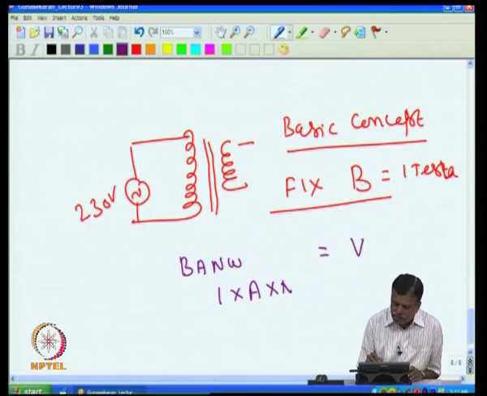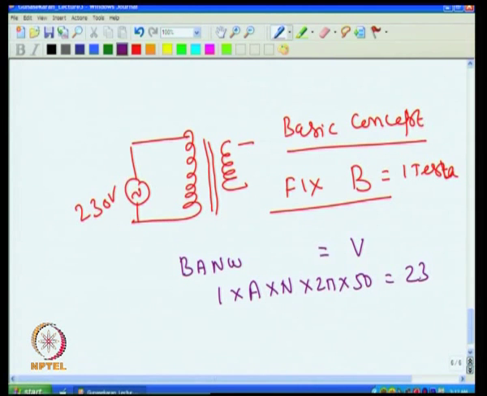Then this is the N number of turns I have to put. In this case omega is 2 pi f, which is 50 hertz, and the applied voltage is 230 here. So, I am applying 230 volt at 50 hertz, and I want 1 Tesla B to be generated. So, now I am left with two quantities, A and N, where N is the number of turns that I have to put, and A is the area of the core.